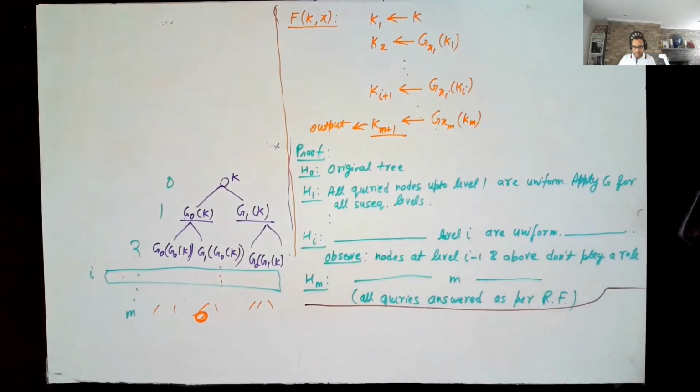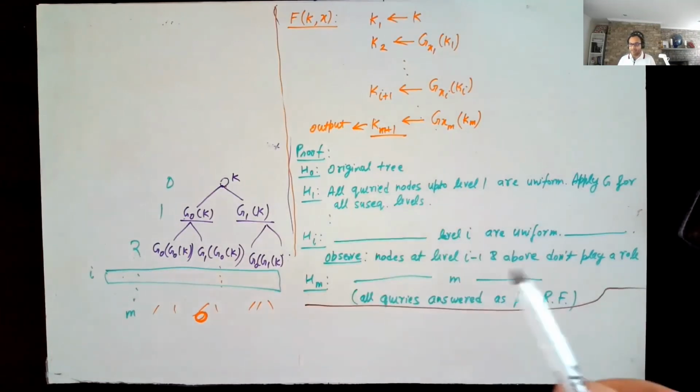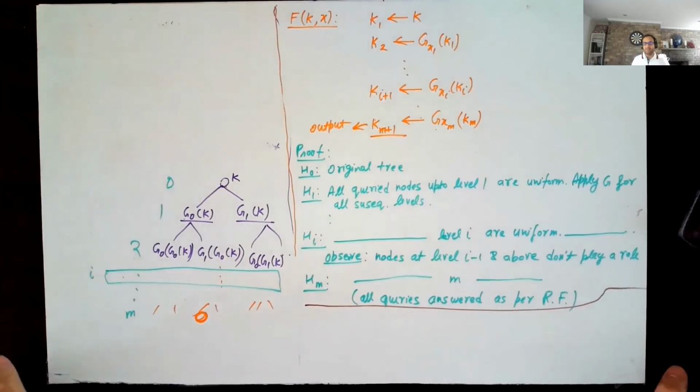Now, note that if you look at hybrid I and hybrid I plus 1, in a single step we are still replacing several PRGs by random because there are many queries. So that is still not the best which we can do. So even between hybrid I and hybrid I plus 1, we will define even more hybrids.